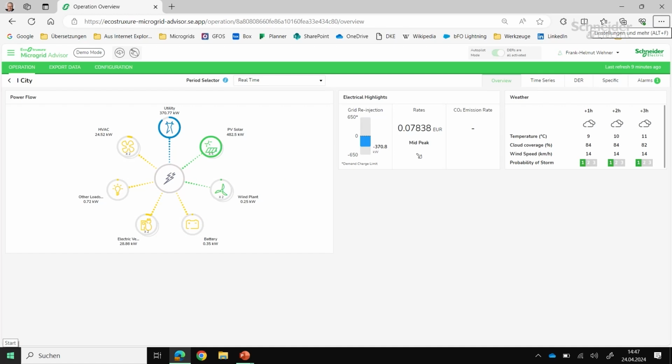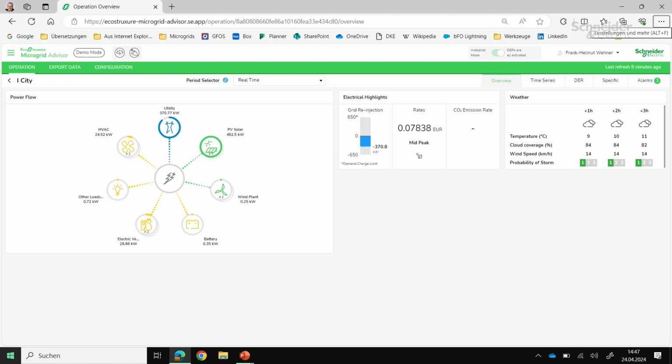So I don't want to give you a long presentation with a number of slides. I would like to jump directly to our solution, the Microgrid Advisor, which is a cloud-based solution. So only a very small amount of hardware is needed to connect a particular site to the system.